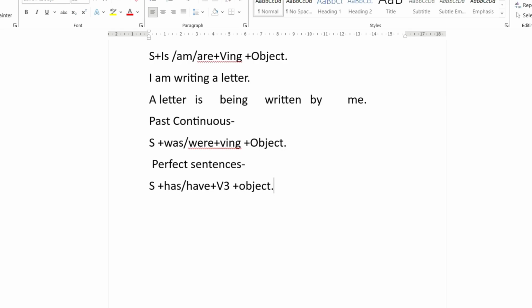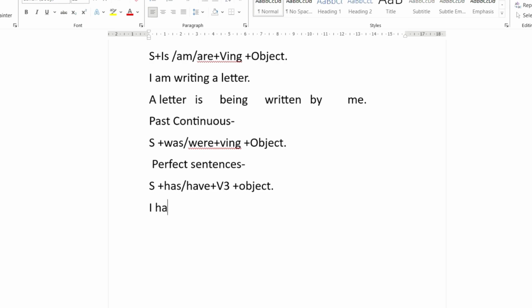Always we need to follow 4 rules, but when it comes to present perfect, past perfect, future perfect, you have a discount. You don't need to do one rule, that is changing the verb into V3, because it's already in V3. So you need to do only 3 things: interchange, addition of by and adding something extra.